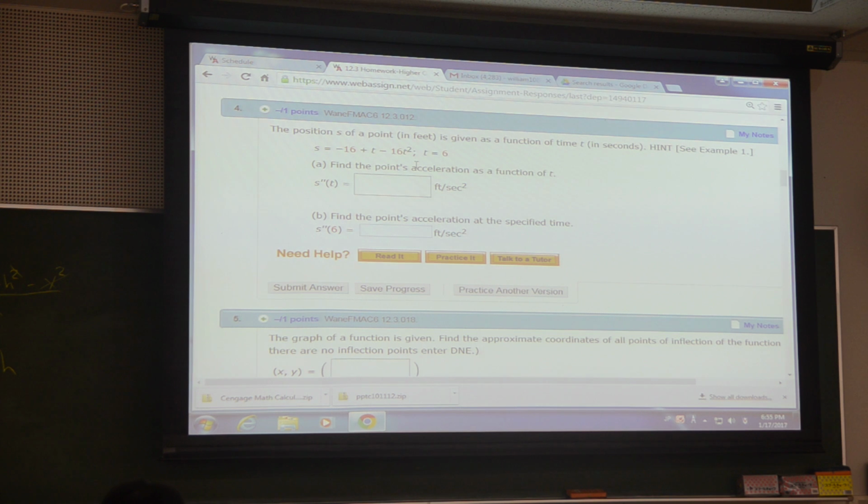Now we haven't really spent any time talking about this. I think we talked very, very briefly about it. But the question anyway is to do what? To find its acceleration. Now the acceleration may be different at different times. That's why they say, find the acceleration as a function of time.